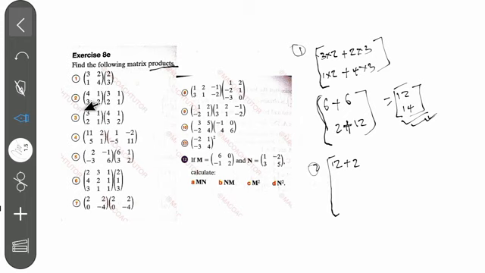Now let's move to this. 3 times 3, we have 9. Sorry, I made a mistake here. We have 3 times 3 here, and that is 9. Sorry for that. And also we have 2 times 2 here, that is plus 4.